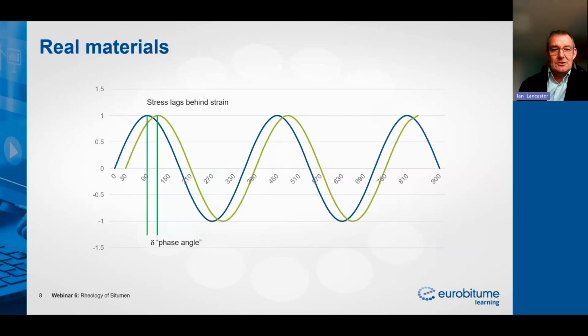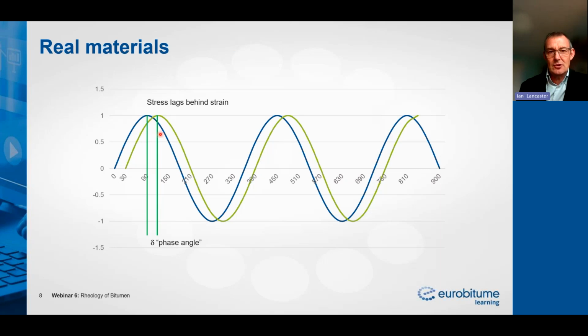Real materials behave differently. There's a lag, a difference between when we apply the strain and when we measure the stress that it causes. So we apply the strain, stress rises up with it, but it's behind.